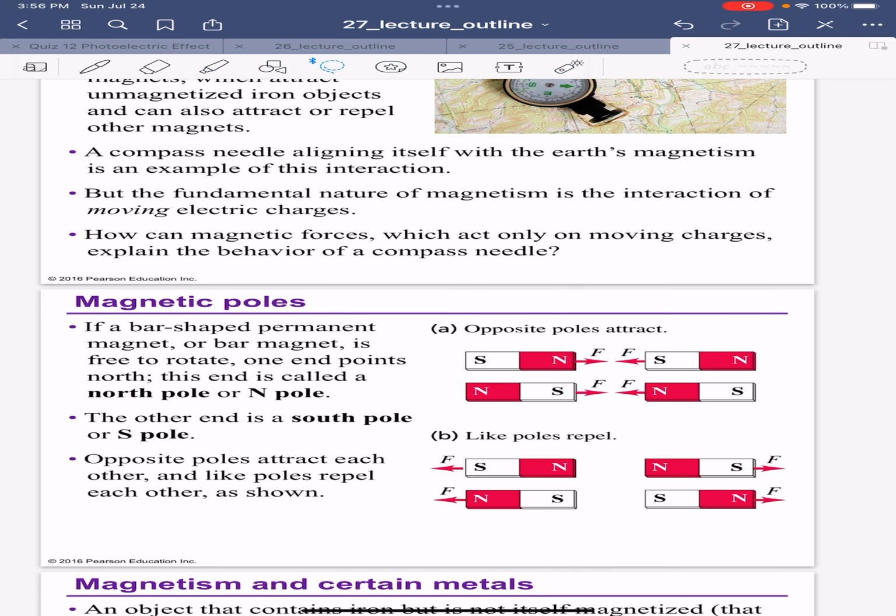We will see that when the south is facing the north, they are going to attract each other, and when we have north with north, we are going to have repulsion. We can conclude here that opposite poles attract each other and like poles repel each other, as was shown here.